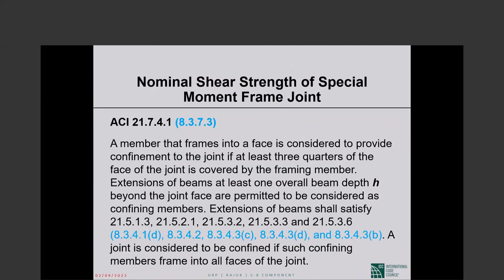I will repeat all this verbiage here tells you that a confined joint means beams framing into all four faces of the joint, with each beam wide enough to cover 3/4 of the column face. If you have a confined joint, you need not continue 100% of the column and transverse reinforcement. You are allowed to continue only 50%.